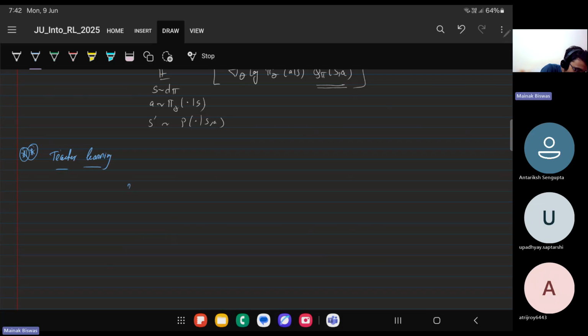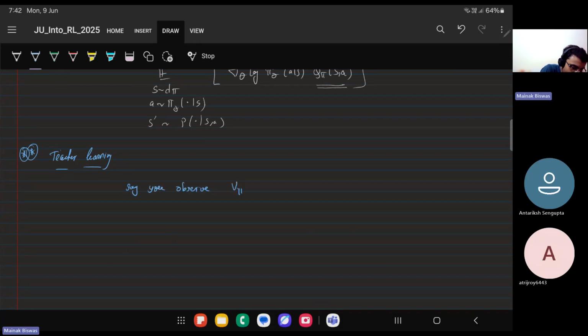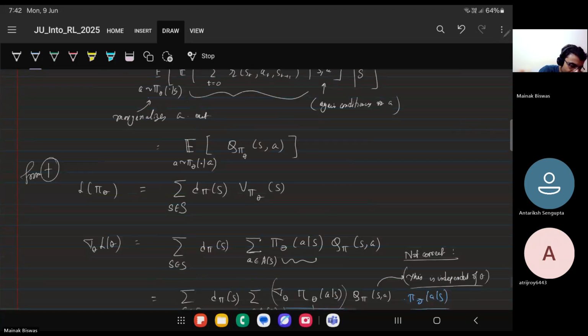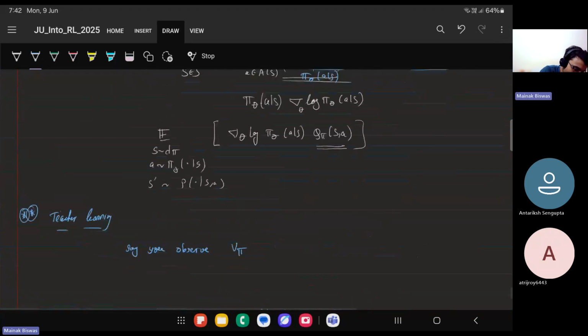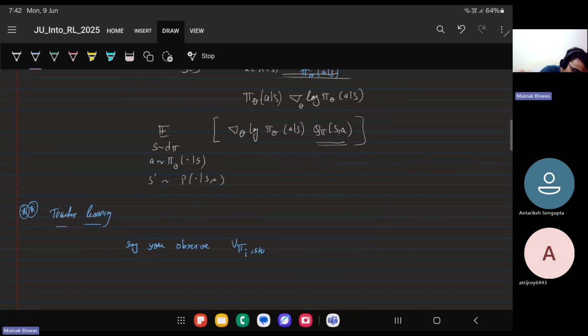Say you observe V^pi_i of the student under the intervention set D_i and T_i. So V^pi of this observation is based on the policy of the teacher.